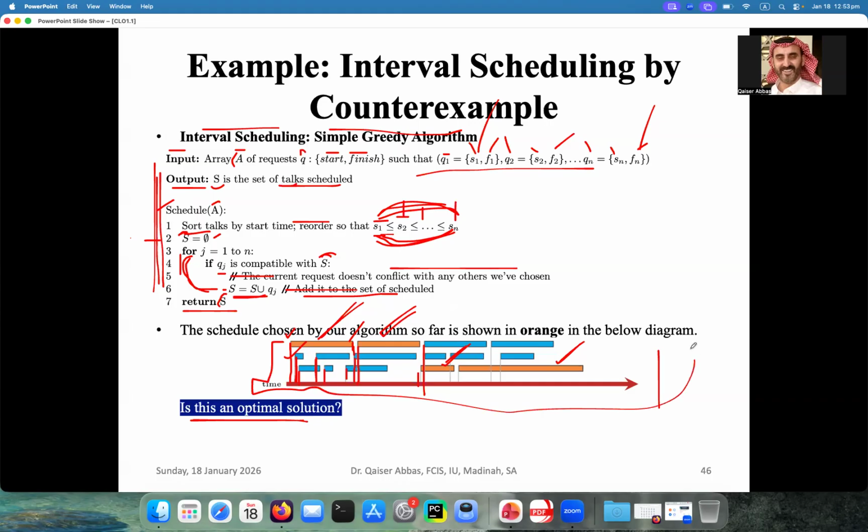This diagram that you have here is an example that you have run over this algorithm. And after running this example, you got the S, and then you are showing that this algorithm is not giving us the optimal answer. And we are doing this graphically in a picture. We are not writing anything here, but we are doing this in a picture here.